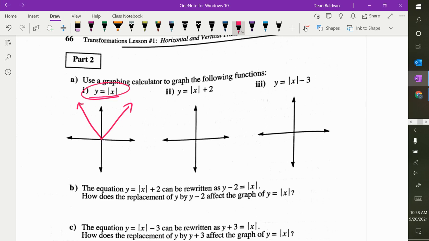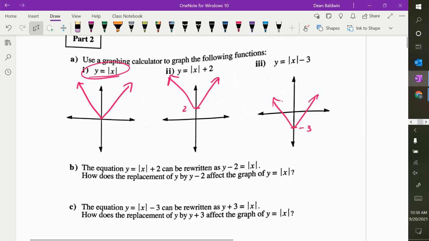All right. So in the second one, what does the plus 2 do? Exactly. It does the exact same thing. It moves the graph up 2 units. What does the minus 3 do? Down 3.